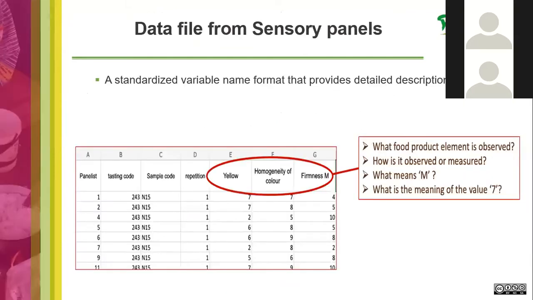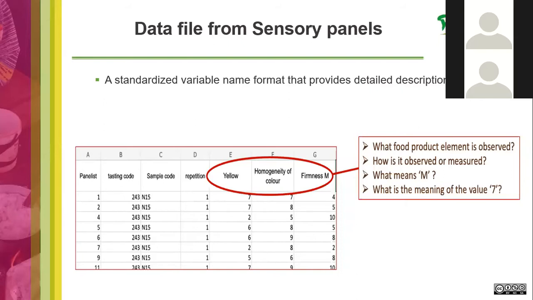I'm showing you the type of data, for example, that we get from sensory panels. These products were evaluated by trained panelists from trained sensory panels. The kind of information you generate from these panels looks like what I am presenting in this slide.